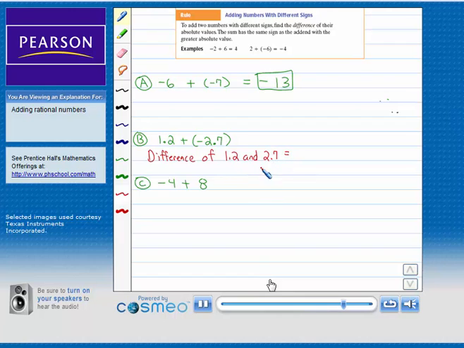And the difference between the two will give us 1.5. Now I'm going to assign this number the same sign as the addend with the greater absolute value, and that's this one right here, so it's going to be negative. So 1.2 plus a negative 2.7 will give us a negative 1.5.